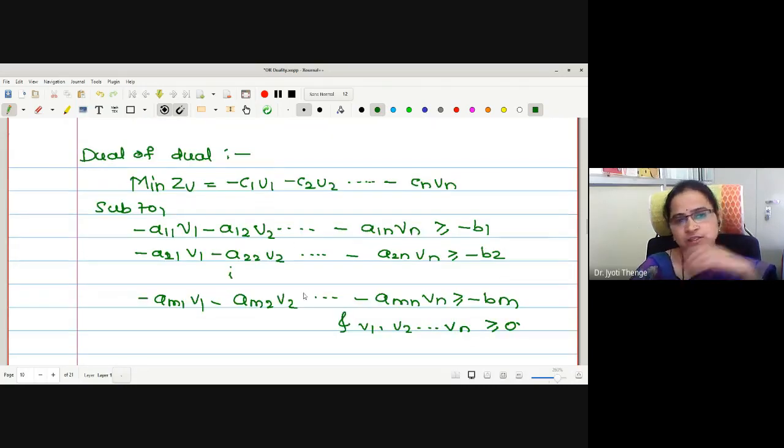Okay, now look at this problem. Whatever is the dual of dual we have formed, this is minimize Zv, which is negative. Therefore let me write it as maximize Zv dash, and let me absorb the negative as well.